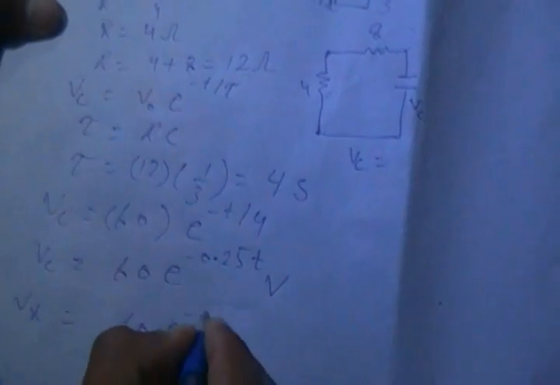So Vx equals, by the voltage divider rule, the total voltage 60 e to the minus 0.25 t, times the resistance of this resistor over the total: 4 over 4 plus 8. 60 e to the minus 0.25 t times 4/12. 4 ones are 4, 4 threes are 12. 3 ones are 3, 3 twos are 6.